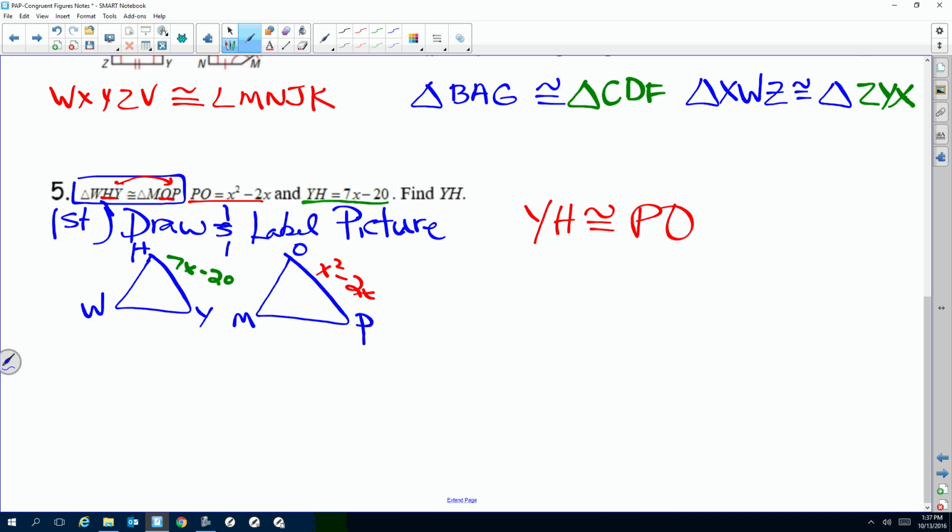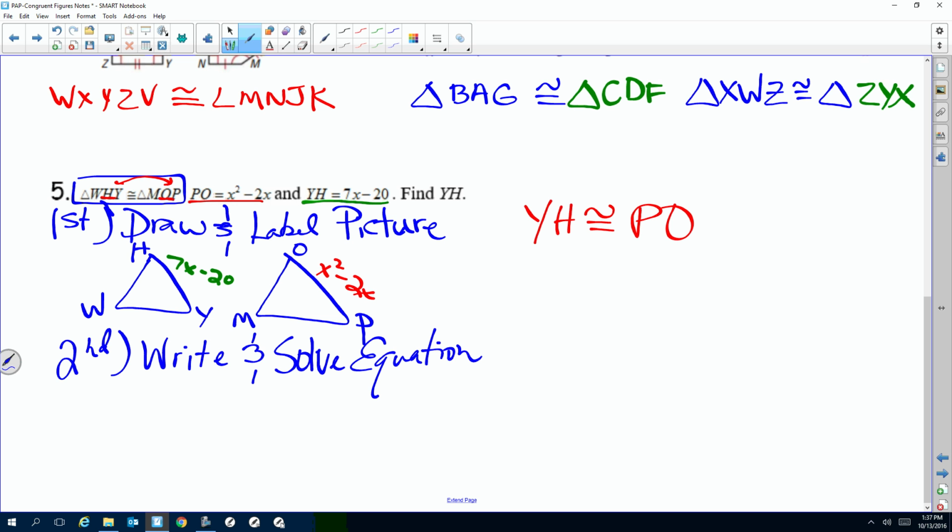So after I draw and label or use a congruency statement, I'm going to need to write and solve an equation. So what equation could I write?